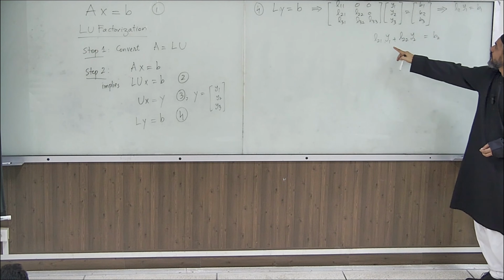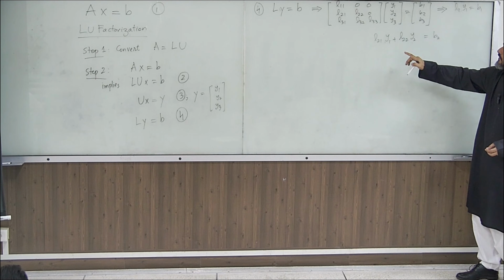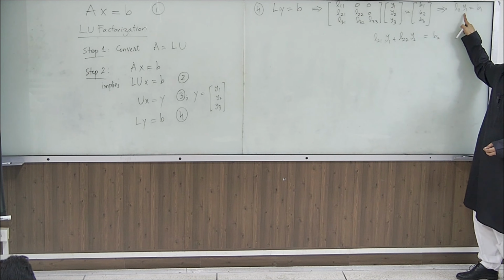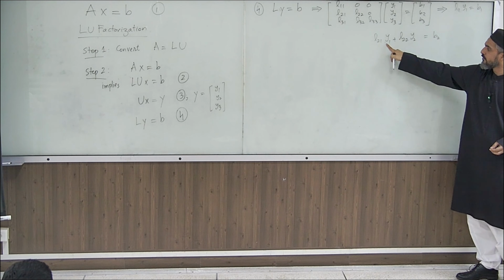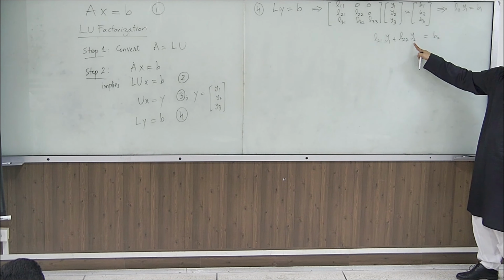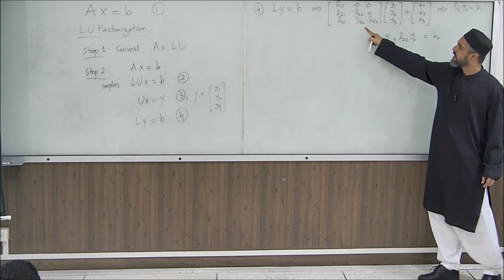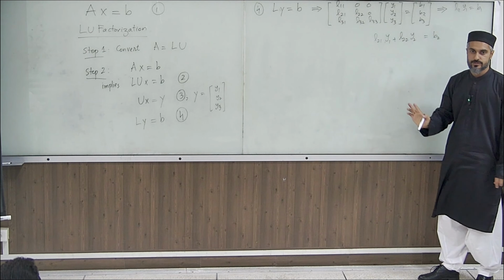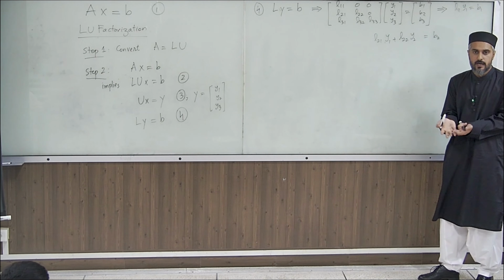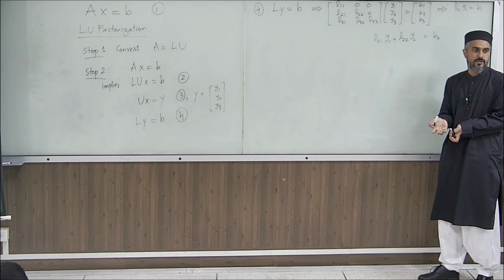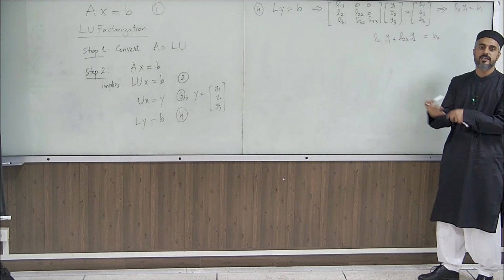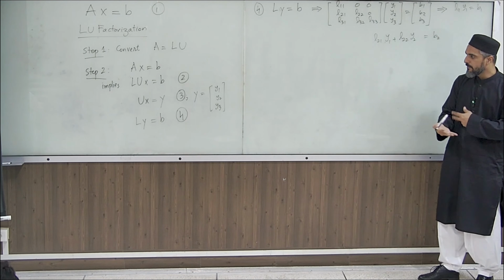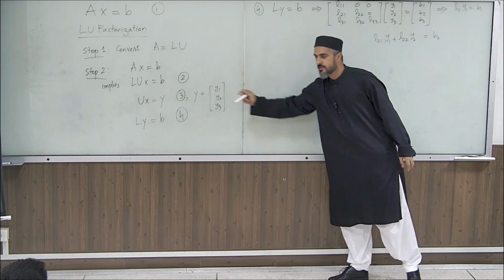Now you know the value of y1 from here. You can plug it over there, and then you will get the value of y2, and then you will get the value of y3 from the last equation. The thing is, when you have a lower triangular matrix, you will be able to find the y. Once you find the y, you look into equation number 3.